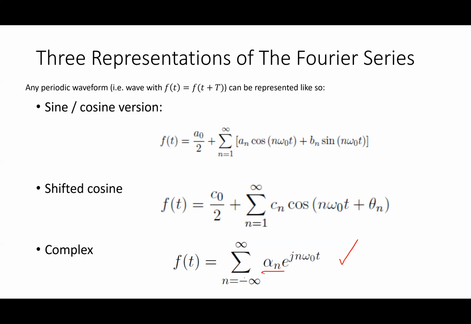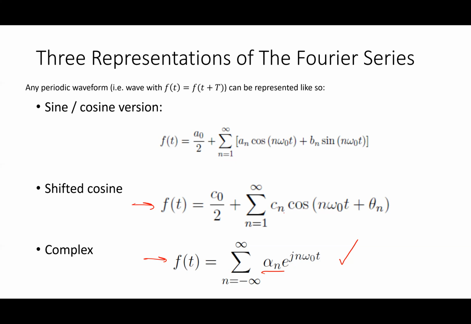Yeah, the complex version basically has twice as many coefficients in it. Why is that? We'll see this as we go through an example.